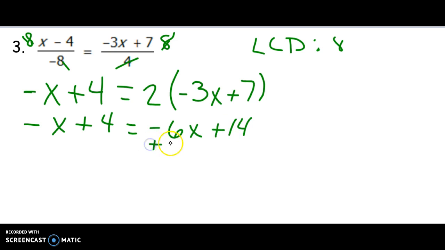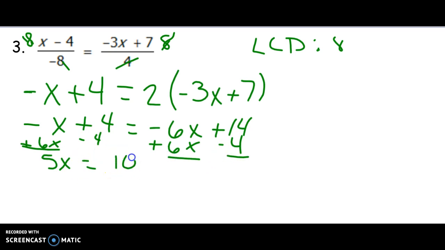I'm going to add 6x to both sides. That's going to give me 5x. I'm going to subtract 4 is equal to 10. Divide by 5. So x will equal 2. We don't have to worry about any restrictions on this one, simply because we don't have any variables in our denominator.